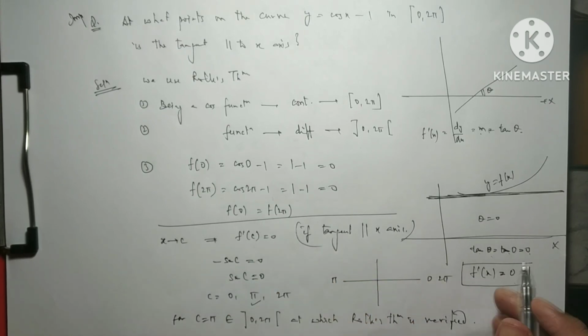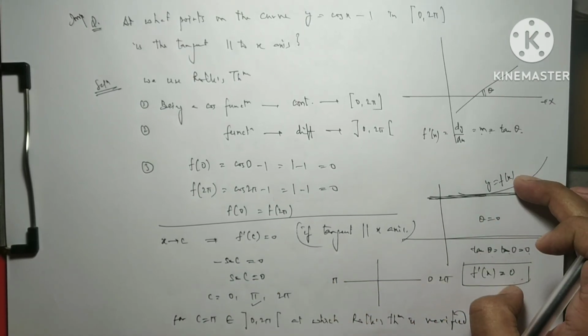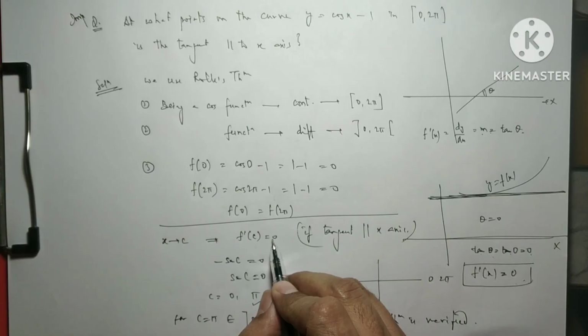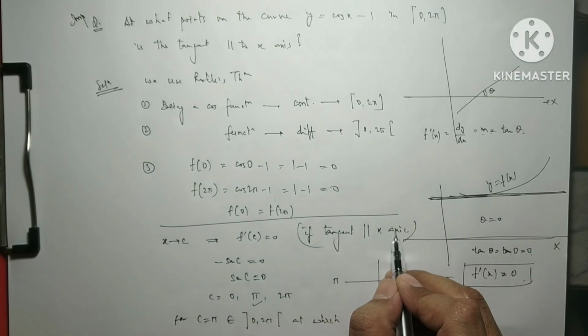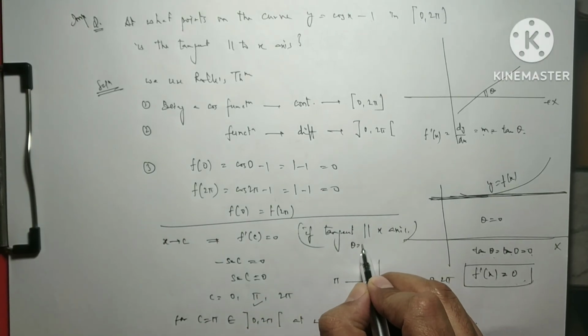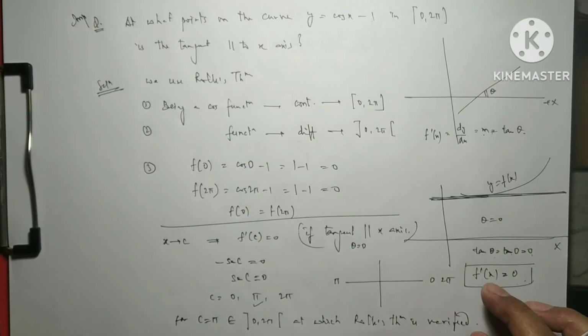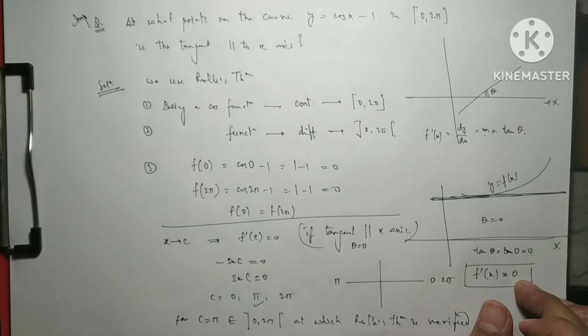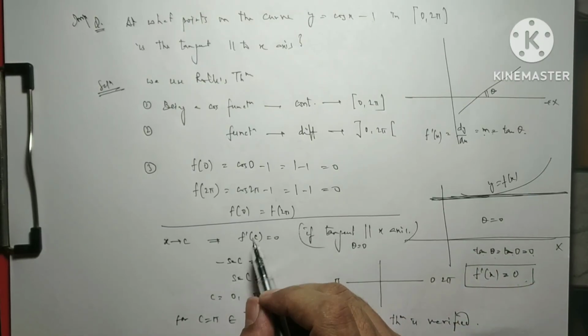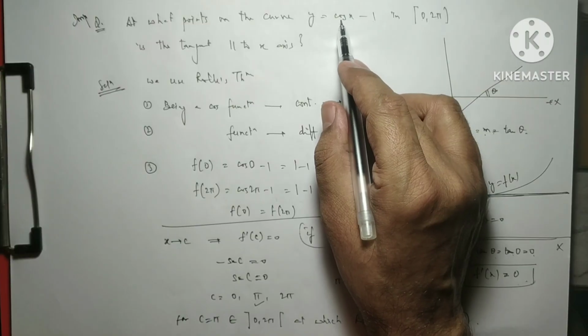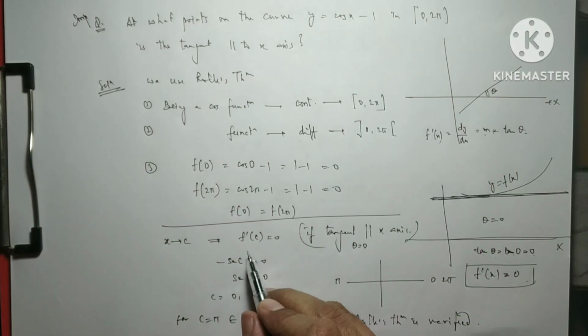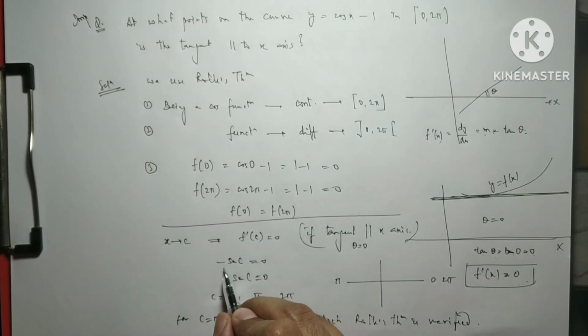Now, according to this concept, f'(c) is 0, because the tangent is parallel to the x-axis, theta is 0, so tan theta is 0, so the derivative is 0. So we will differentiate this. The derivative of cos x is minus sin x, so minus sin c equals 0.